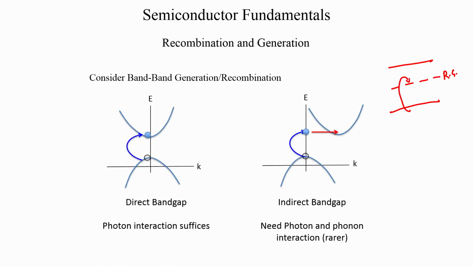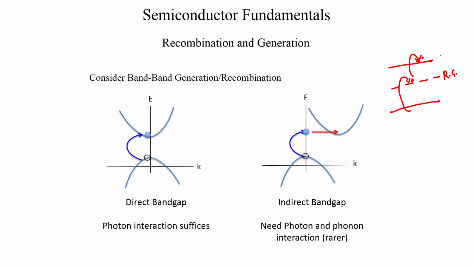It is the RG center based recombination generation that is going to lead to a significant change in electron and hole count.